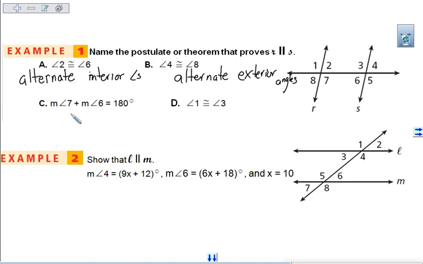Our next one, we're looking at angle 7 and angle 6, adding up to 180 degrees. They're on the same side of the transversal, and they're in between them. So these are same side interior angles.